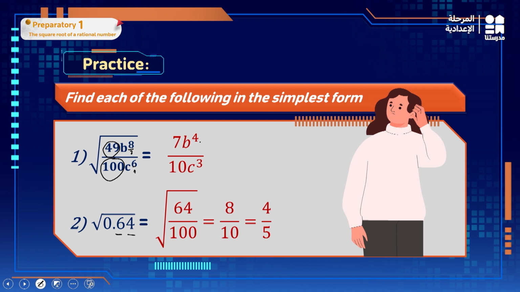So here the square root of 64 is 8, because 8 times 8 is 64, and the square root of 100 is 10, because 10 times 10 is 100. Then we can simplify it by dividing by 2 up and down. So 8 divided by 2 equals 4, and 10 divided by 2 equals 5.